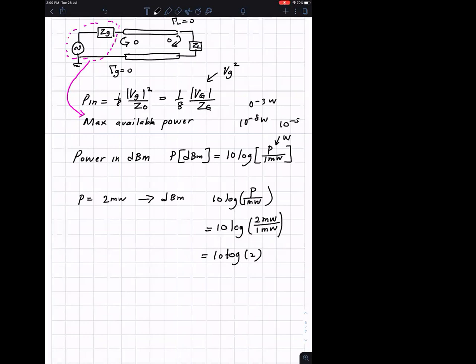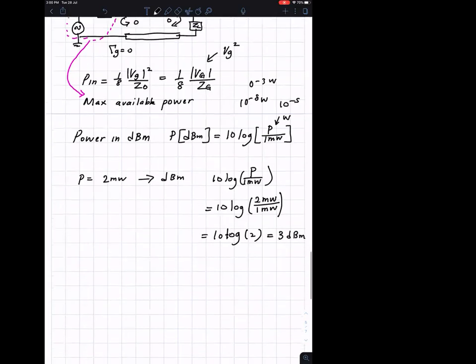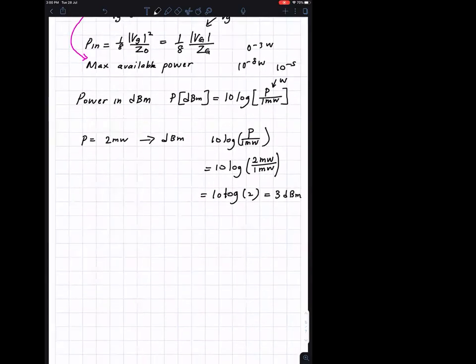Okay, 3.01 times 10. It's 3.01, is it? Yes. So it's roughly around 3 dBm. So that's how you calculate.